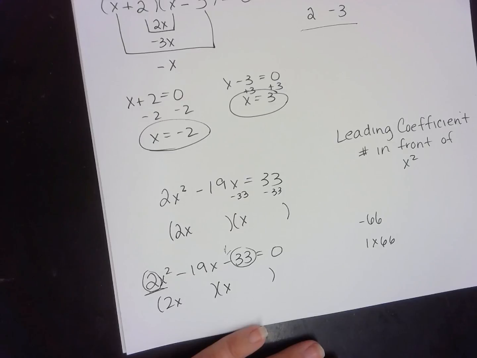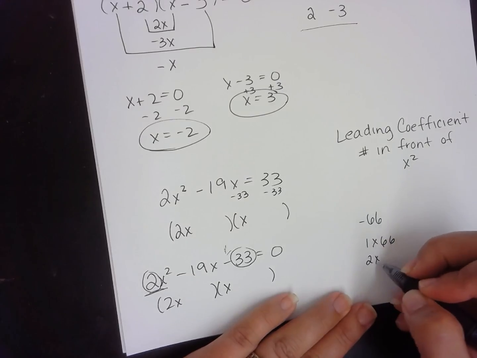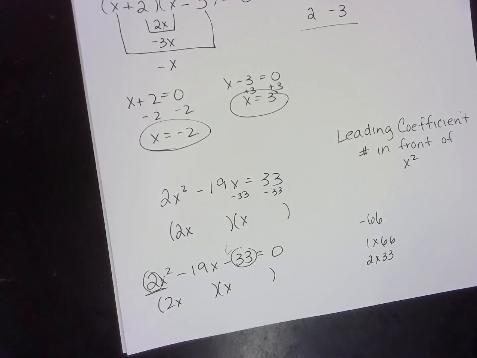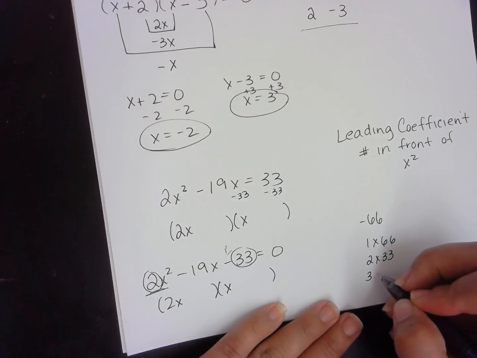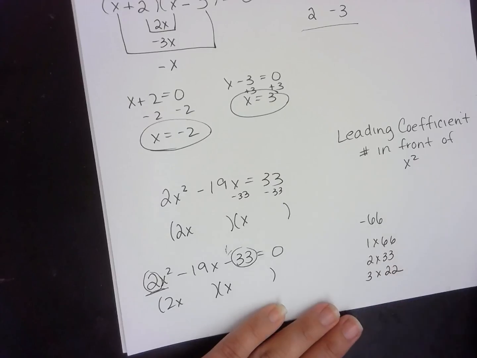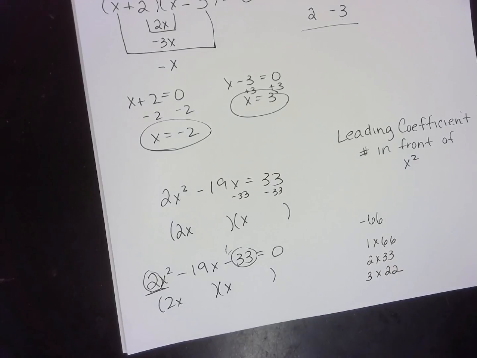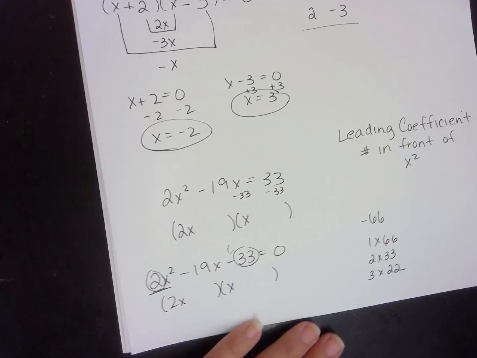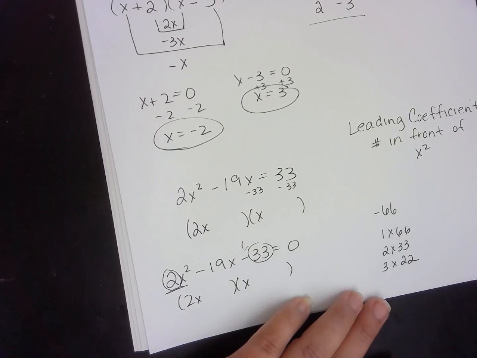Well, it's not 66 and 1. So how about 2 and 33? Nope, because the difference between those two is 31. How about 3 and 22? That, in fact, works, doesn't it? Because 22 minus 3 is 19, or 3 minus 22 is negative 19, okay? So I want to think about this for a second.